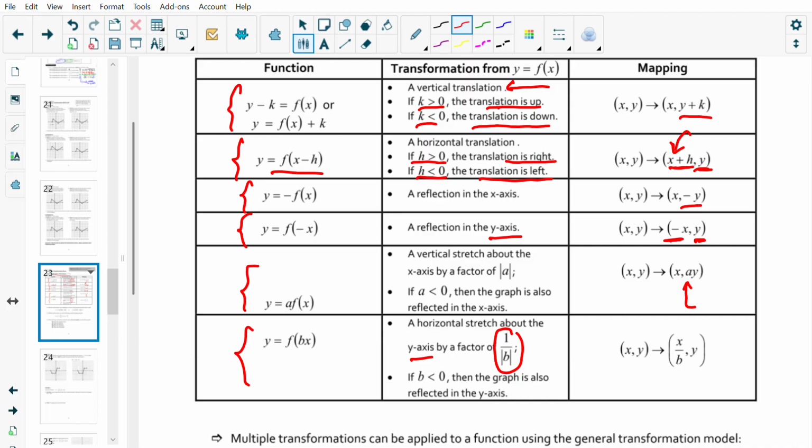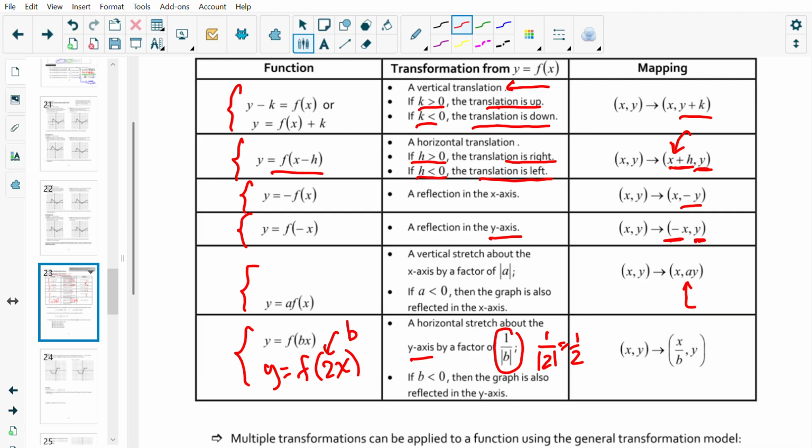But if you want the horizontal stretch factor, you must apply 1 over absolute value of b. For example, if b equals 2, what's the factor of the stretch? It's 1 over absolute value of 2. So it's 1/2.